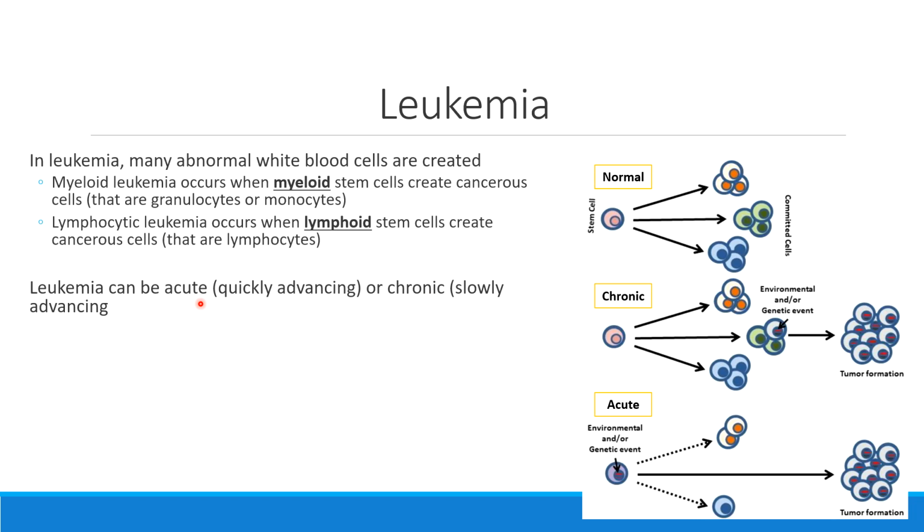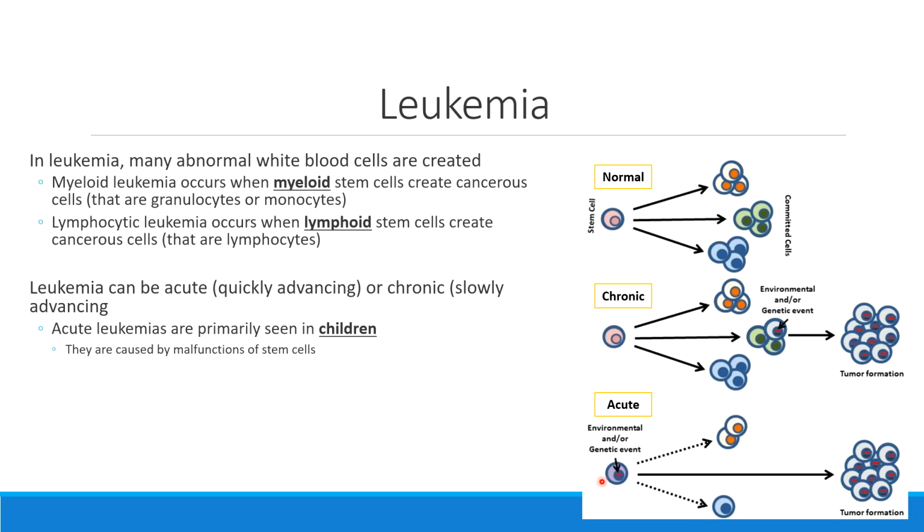When we talk about a leukemia that is acute, what that means is it developed quickly and it spreads very quickly. Acute leukemias, where it suddenly appears very quickly, we primarily see those in children. This is because an acute leukemia develops because of an issue with the stem cells themselves.